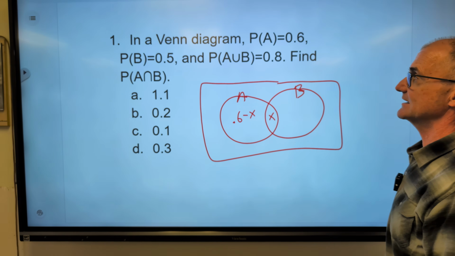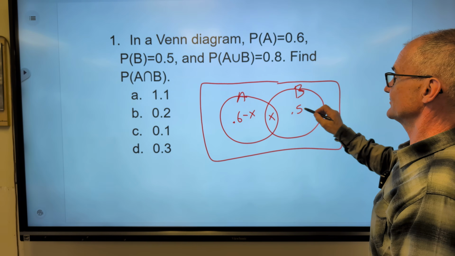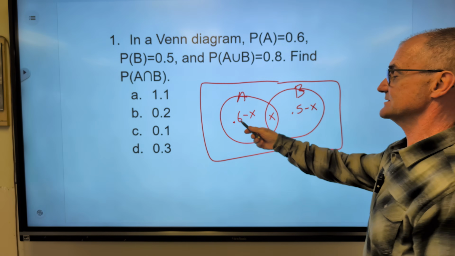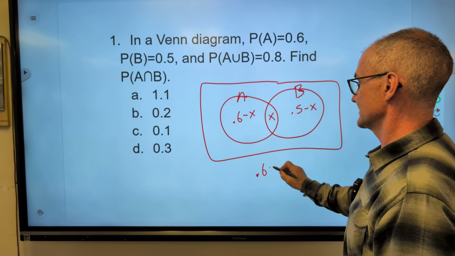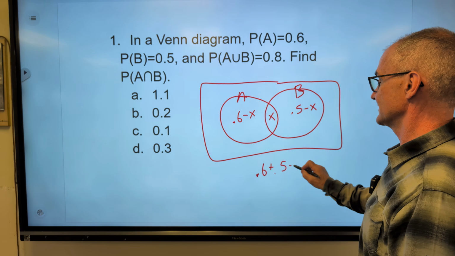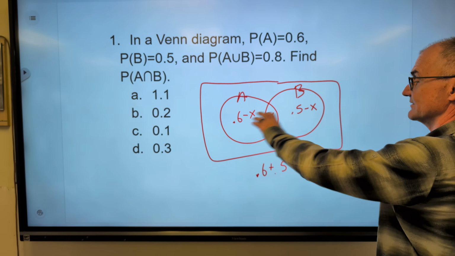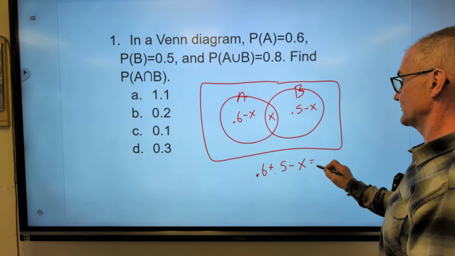Intersection we'll call x. B is 0.5 minus x. I'm going to add all three of these together. 0.6 minus x plus x is just 0.6 plus 0.5 minus x. That's all of them combined, which is the union, is equal to 0.8.